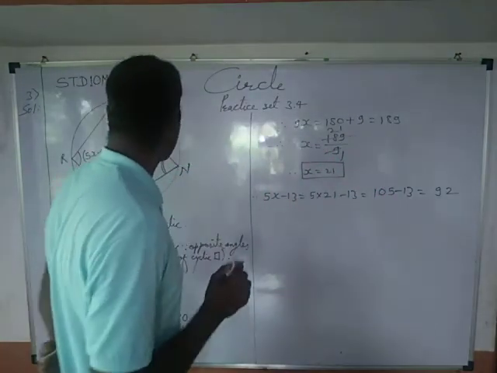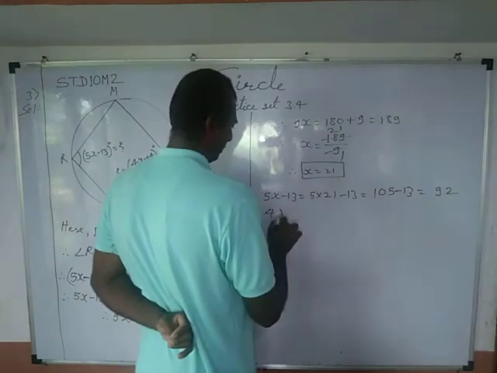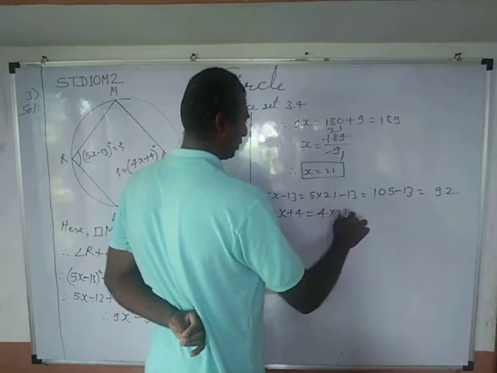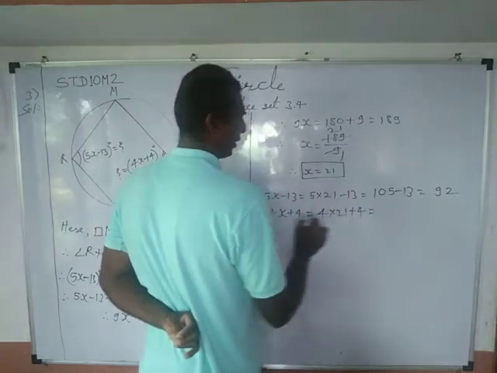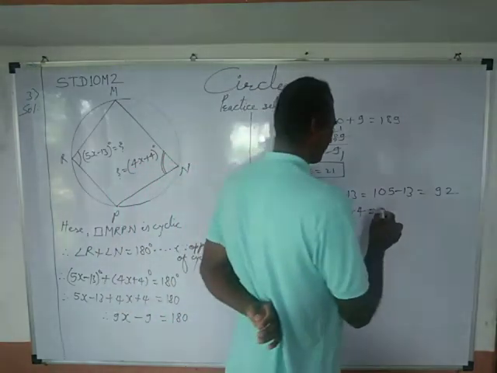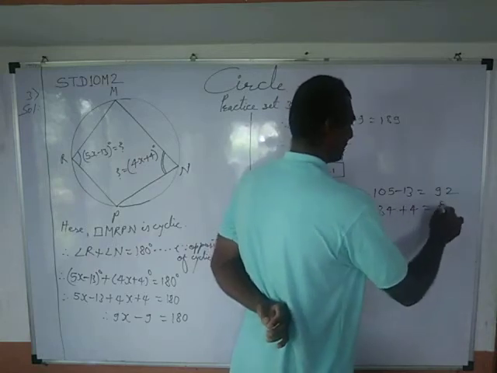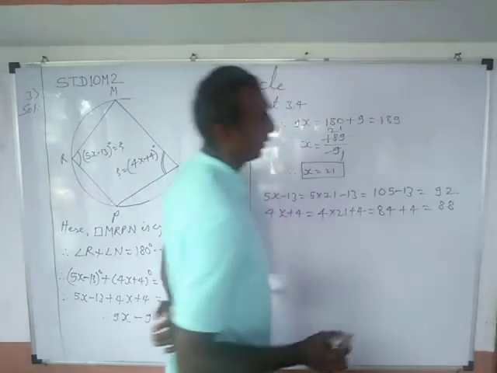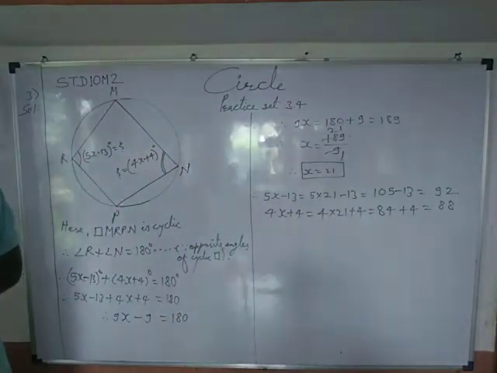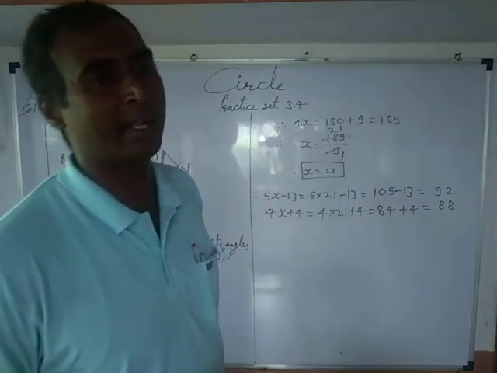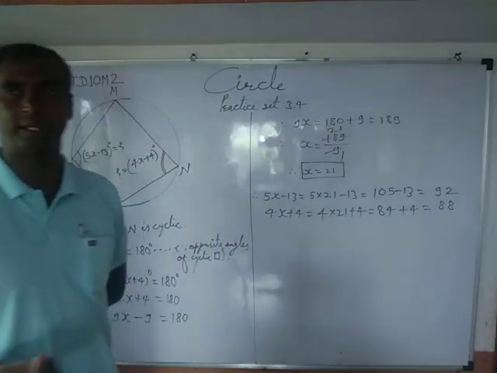Another, 4x plus 4 equals 4 into 21 plus 4. 21 4s are 84, plus 4 equals 88. Now you may note 92 and 88 is a pair of supplementary angles, 92 degree and 88 degree.